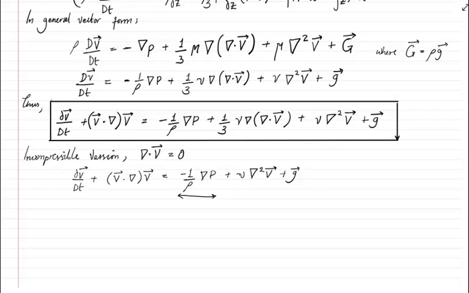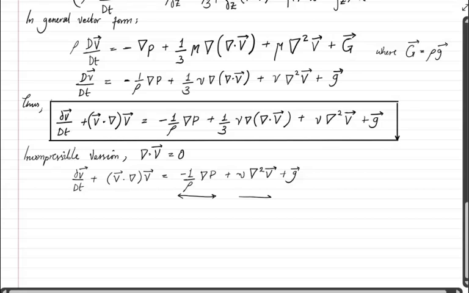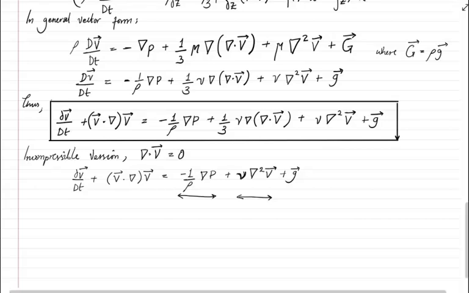Then this diffusion term tells you about the diffusion or the degradation of velocity due to the action of viscosity. So wherever you have places of higher velocity than their neighbors, this term would help to diffuse it due to the action of viscosity, and that would help to change the velocity.